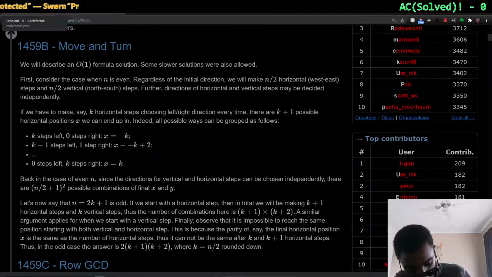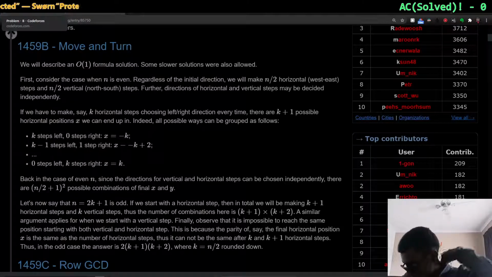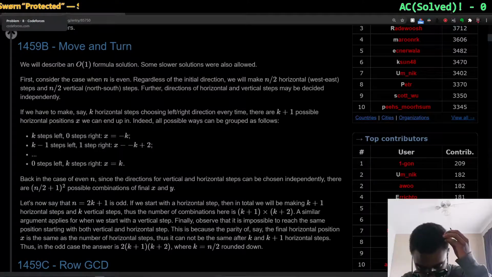But what went wrong with 4? So I could have ended up there, or there, or there, or there. But I could also have ended up there, there, there, there.